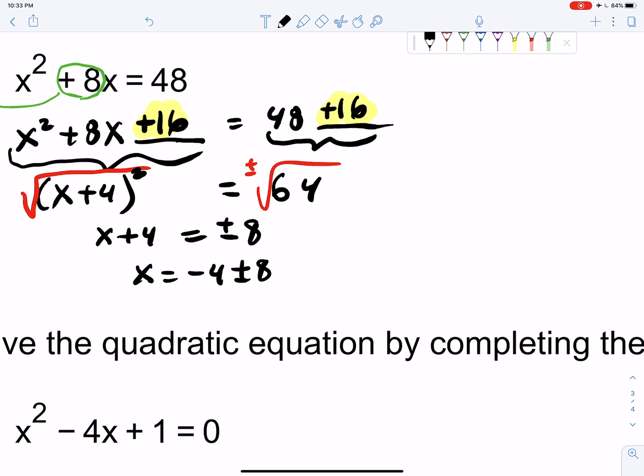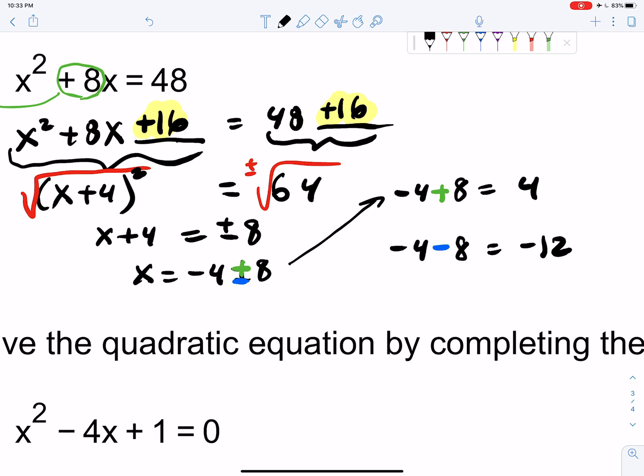Make sure that you simplify this further because negative 4 plus 8 gives us 4. And on the other hand, negative 4 minus 8 gives us negative 12. Okay, so on this one, we're going to say x equals 12 or x equals negative 4.